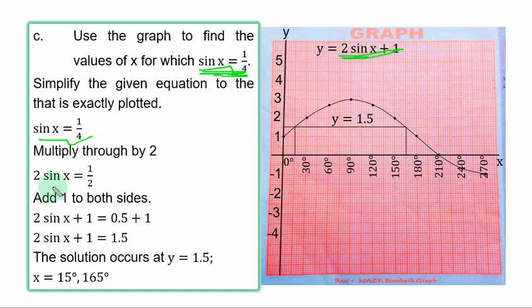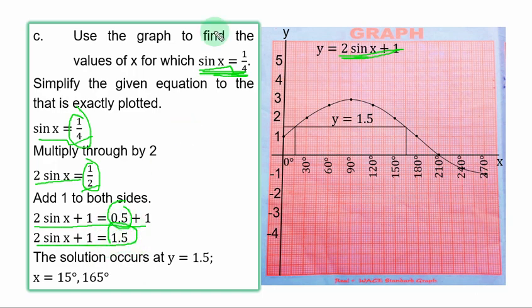If you do that, you have 2 sine s equal to, you multiply this by 2, you have 1/2. To get 2 sine s plus 1, let us add 1 to both sides. If you add 1 to both sides, you have this result. Notice that 1/2 is the same as 0.5. So you have 2 sine s plus 1 is equal to 1.5.